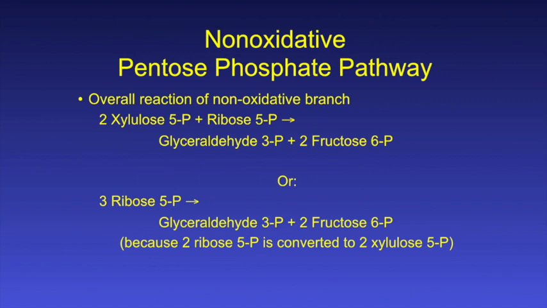Okay? And so don't get confused if you ever see that in another textbook or on an exam, standardized or not. What really reacts are 2 xyluloses and 1 ribose, but it could be titled 3 riboses.